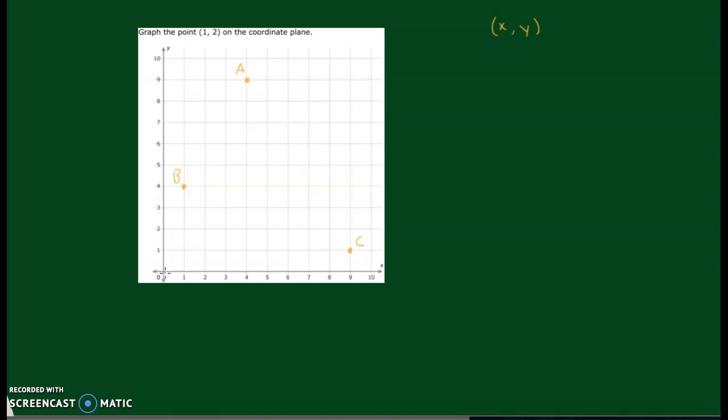So A has a coordinate of 4, and then it goes up to 9. So A is 4, 9. B is 1 and then up to 4, so 1, 4. And C is over to 9 and up to 1, so 9, 1.